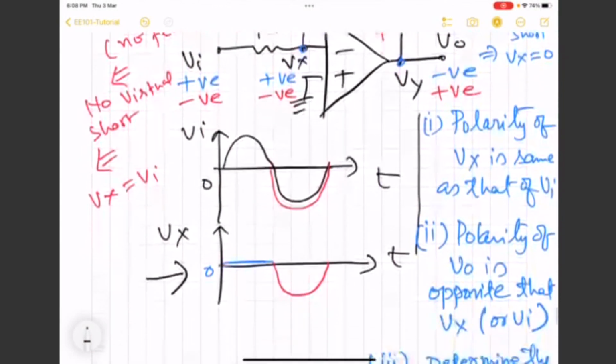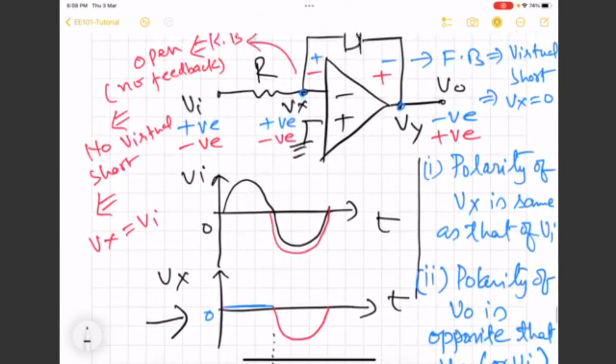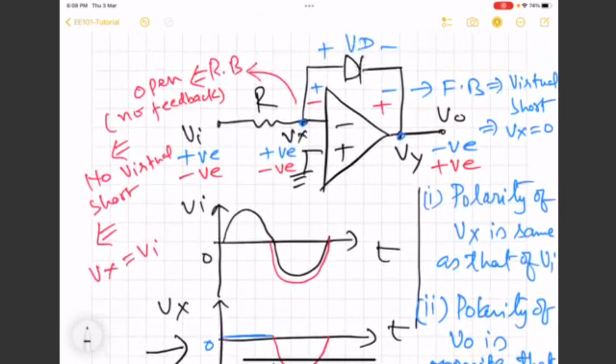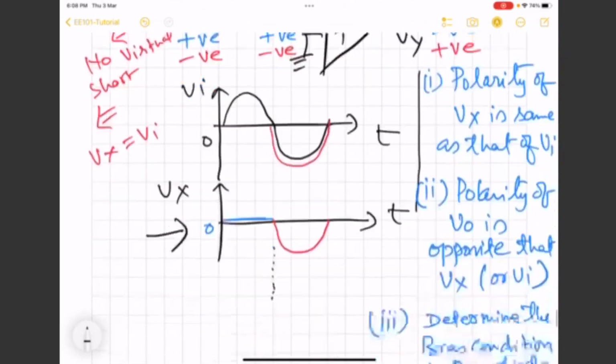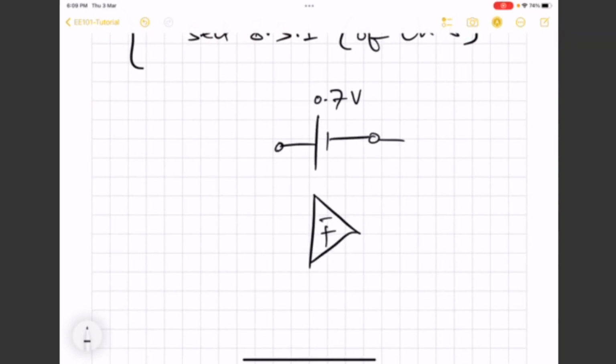So during the first half, you can see that there is a virtual short, right? So this diode is also acting like a short circuit. But if you want to include its voltage effect, then we can have this voltage source in place of diode during the first half of the input.